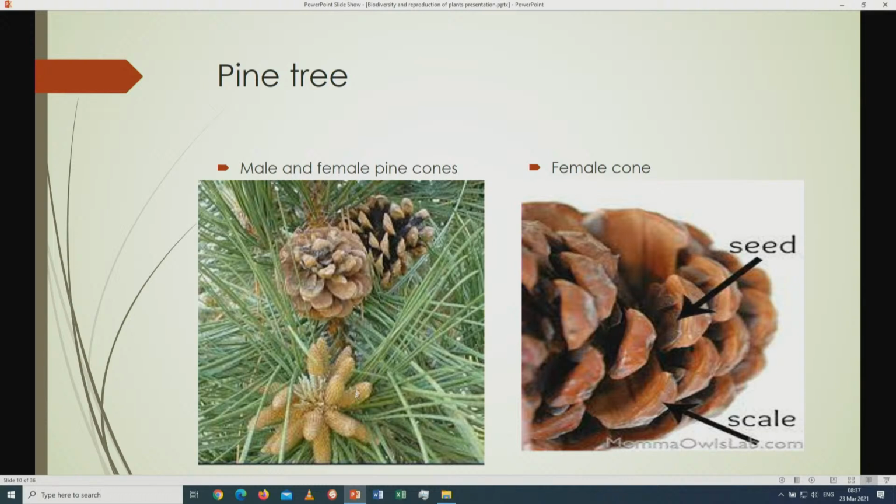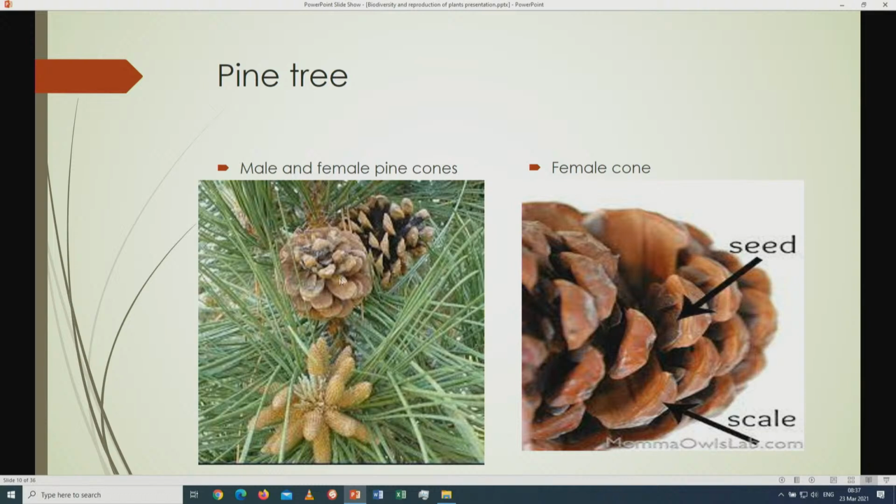It has scales which look like wings, but the scale-like wings here are closely packed. Male cones are sometimes referred to as the pollen cones. Here we have a structure of a female cone.